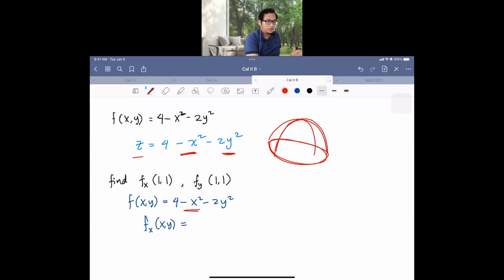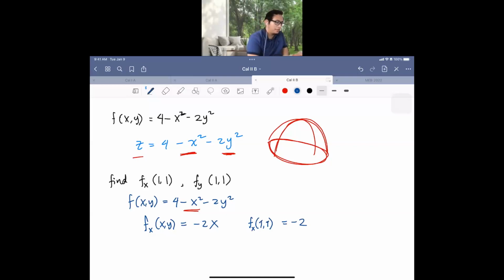So we are just having minus 2x as our partial x. So when we have partial x at (1, 1), then it will be minus 2.